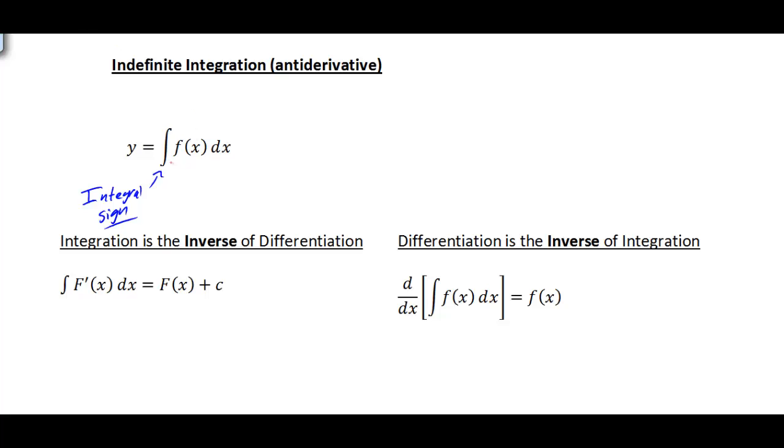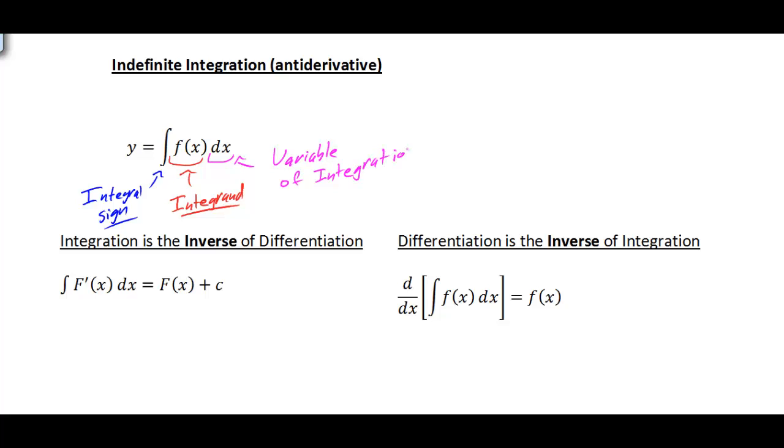And this part here, the f of x, is called the integrand. That is the part that we're going to be integrating. That's the part that we want to find the antiderivative of. And the last part here, the dx, is your variable of integration.